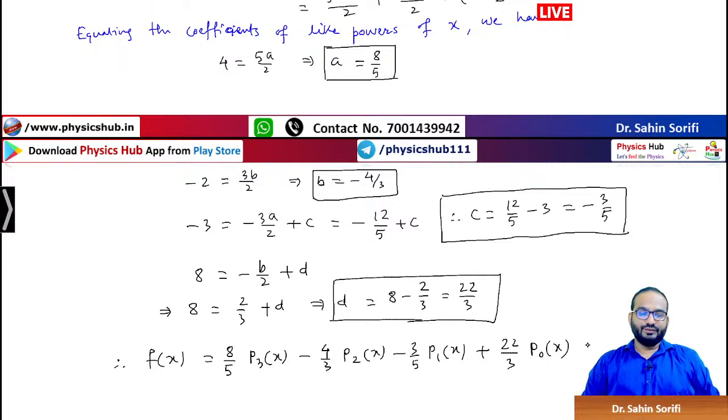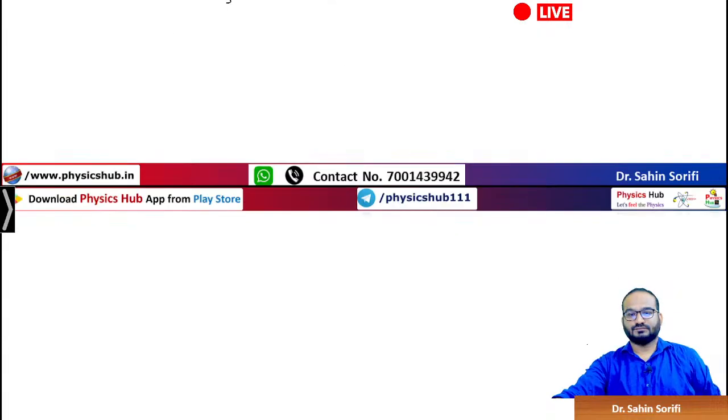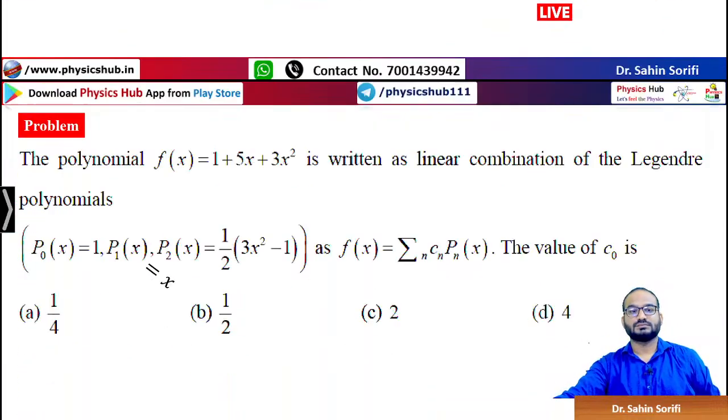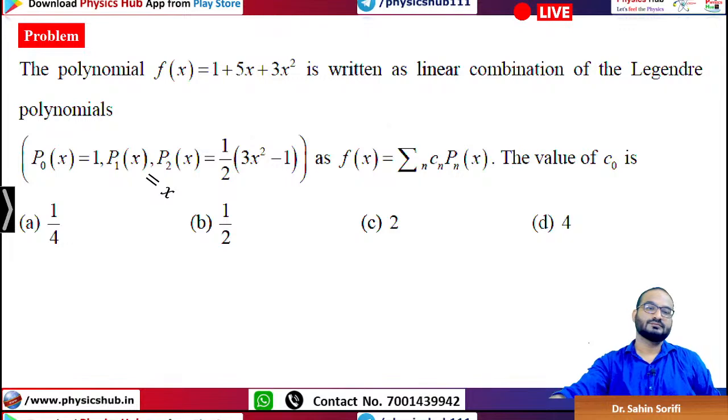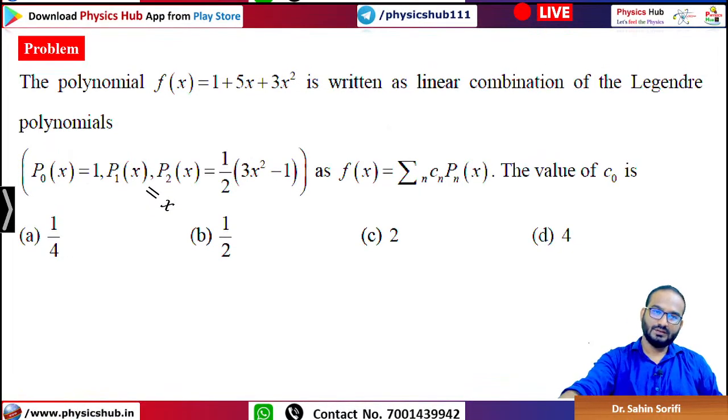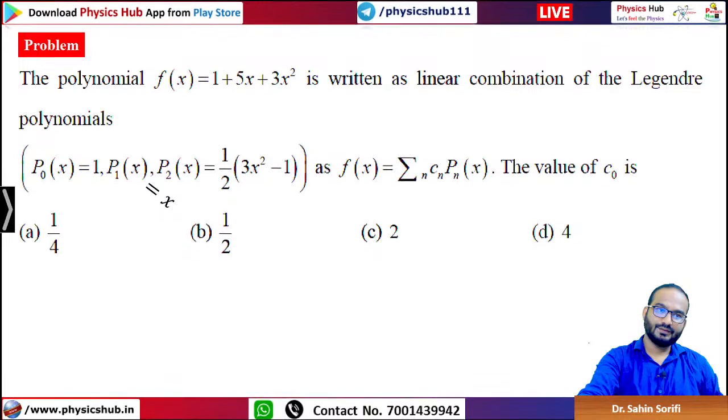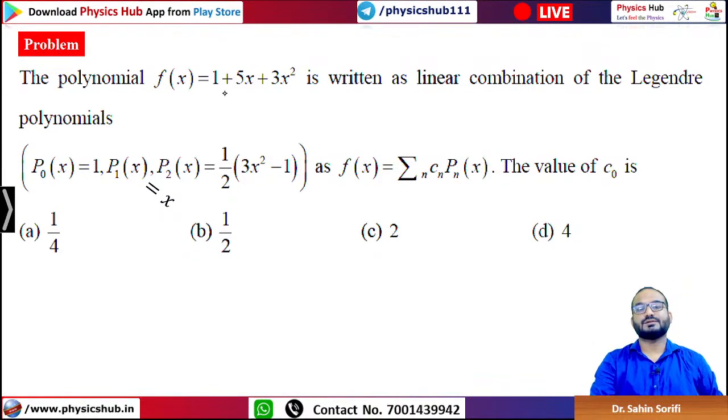So let me give you a similar problem. Solve it quickly. The polynomial f of x equals 1 plus 5x plus 3x square is written as a linear combination of the Legendre polynomials p0, p1, p2 as f of x equals the sum over cn pnx.